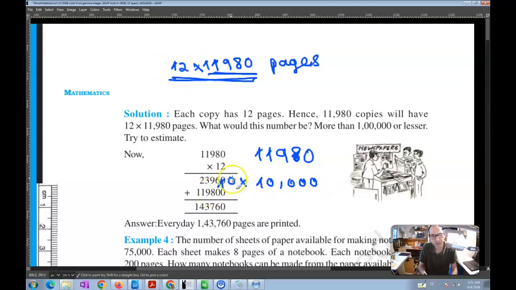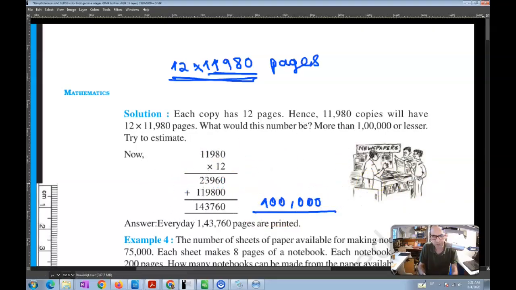And 10 times 10,000 is 100,000. But this number still doesn't answer my question, and I think I forgot to actually ask the question. The question I wanted to ask was: is this number going to be above 100,000 or below 100,000? And the estimate that I got is exactly 100,000, right?